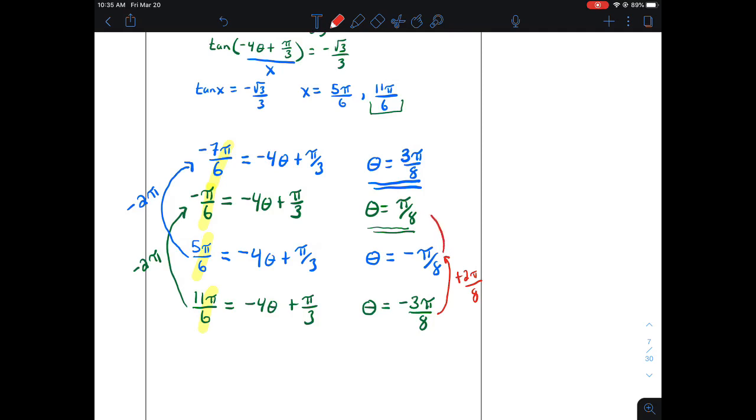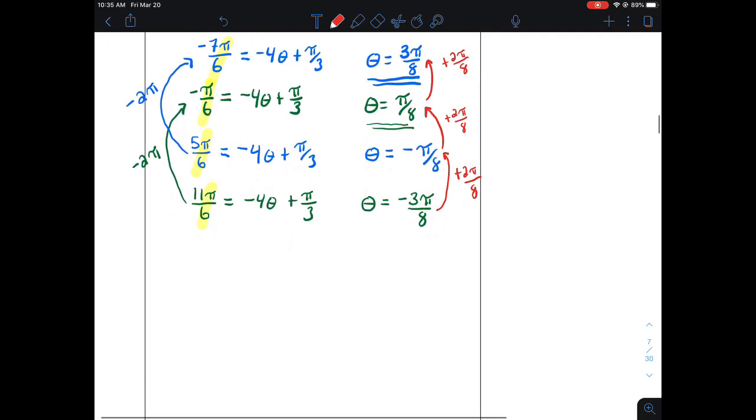To go from negative pi over 8 to positive pi over 8, I add 2 pi over 8. To go from positive pi over 8 to 3 pi over 8, I add 2 pi over 8. So the pattern here is that between your possible answers for theta, you keep adding pi over 4, or 2 pi over 8, to the previous one.